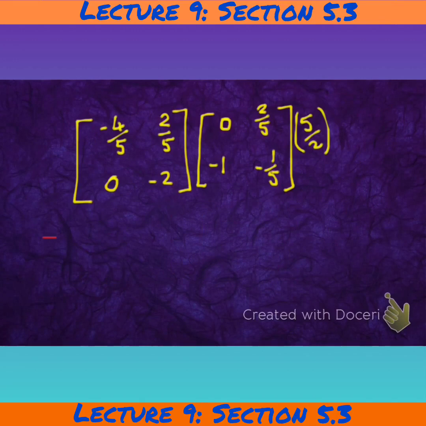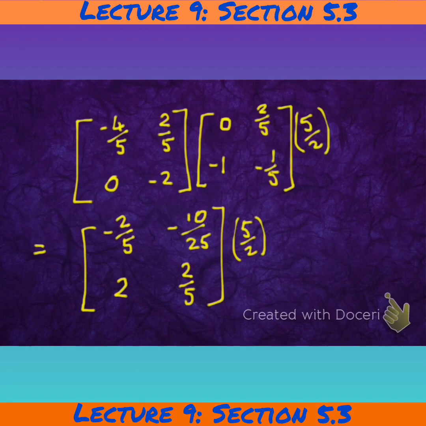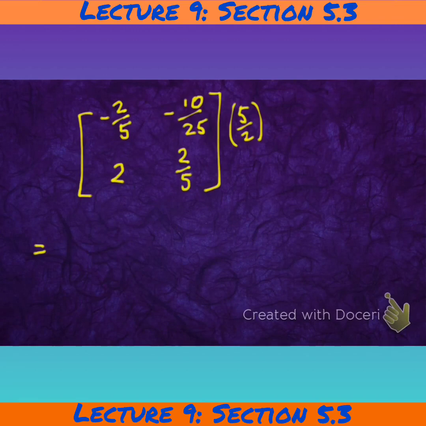That becomes this matrix here, and further simplifying, that is equal to the matrix minus 1. And that is the matrix A.